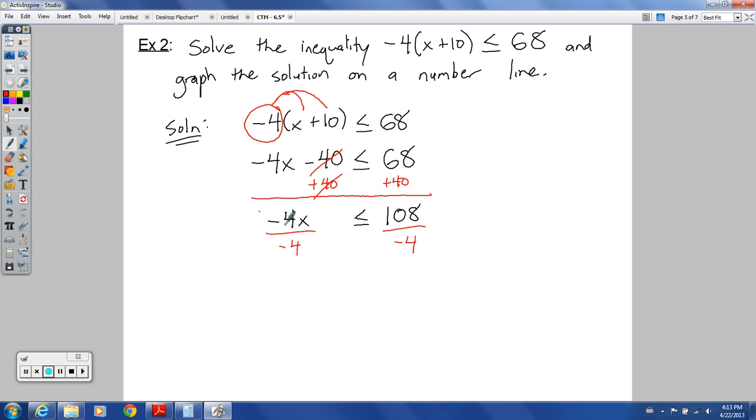That would cancel right here and here. That, though, is going to make the sign flip. We're not going to get into why the sign flips for right now, but just know that when you multiply or divide by a negative value, you are going to be flipping the sign. And so right here, this divided by this would yield -27.